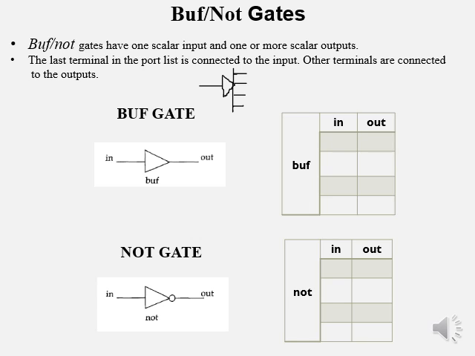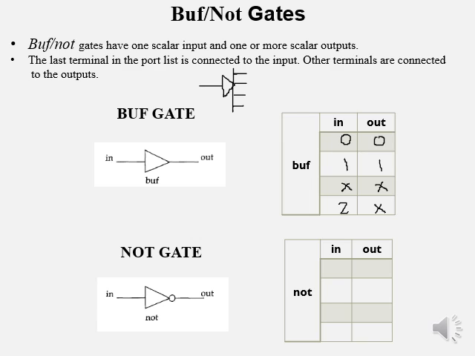Here, for example, I have taken only one input, one output gates. For a buffer, the input can take 0, 1, x and z. The buffer output will be 0, 1. When input is unknown, output is unknown, and when input is high impedance, output is also high impedance.